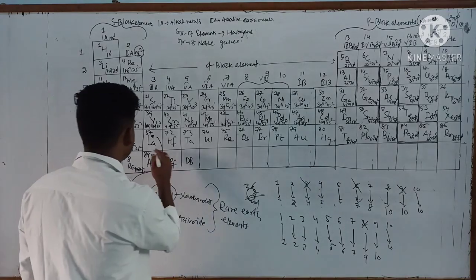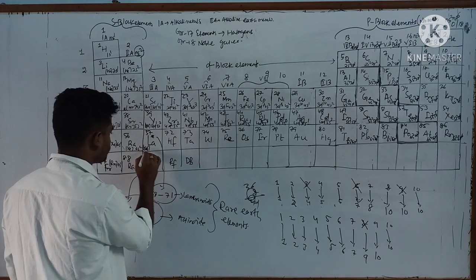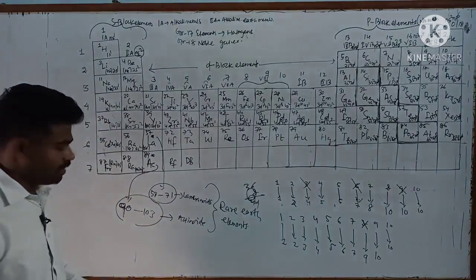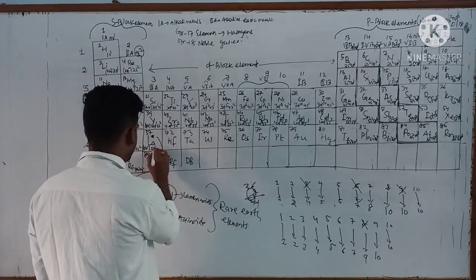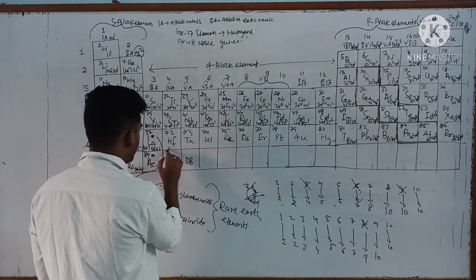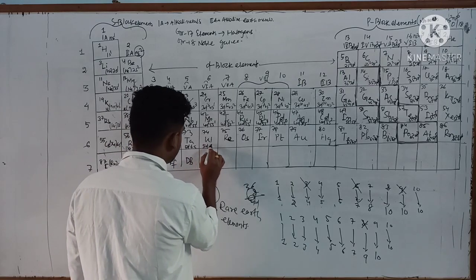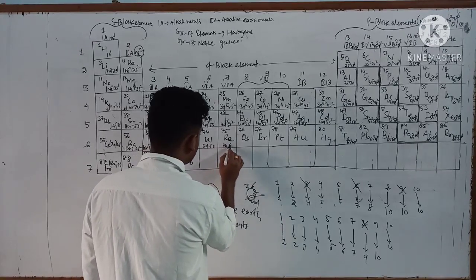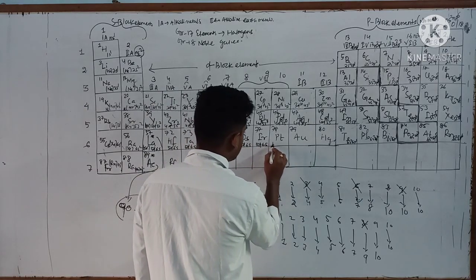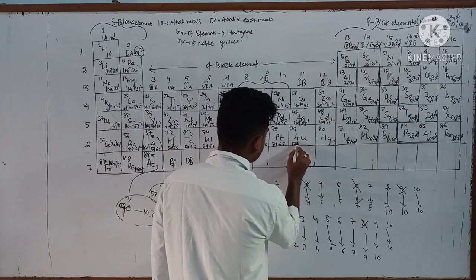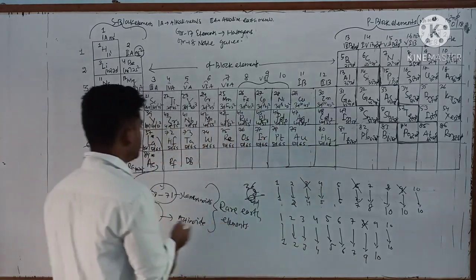So next configuration it can be that is after xenon, you can write like 5d 6s, 5d 6s, and so on. 5d 6s. Is that clear?